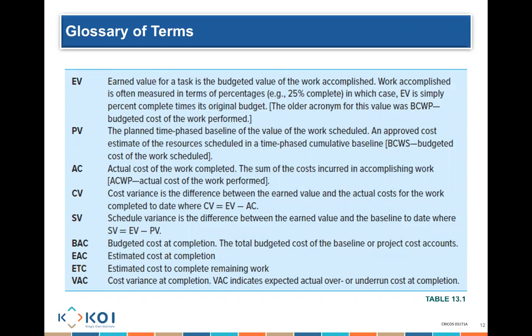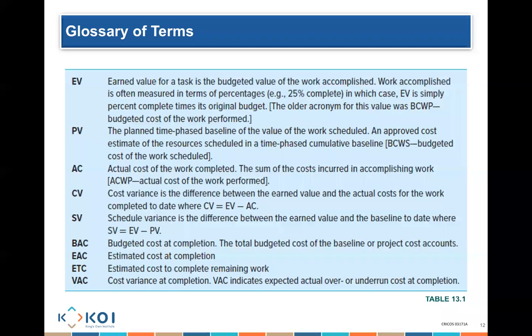Sometimes we say how much we've earned as a percentage. So if we make it a percentage, we basically say, okay, I've done 25% of my budget. If my budget is $1,000 and I've done 25% of my budget, then I have done $250. I've actually earned $250 worth of work. I have actually completed $250 worth of work.